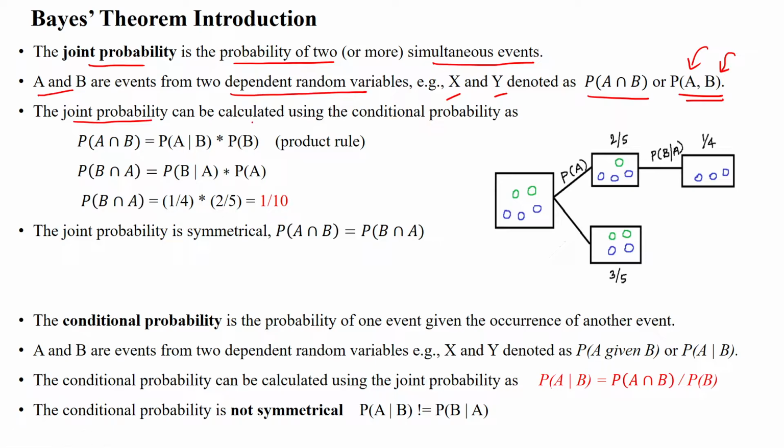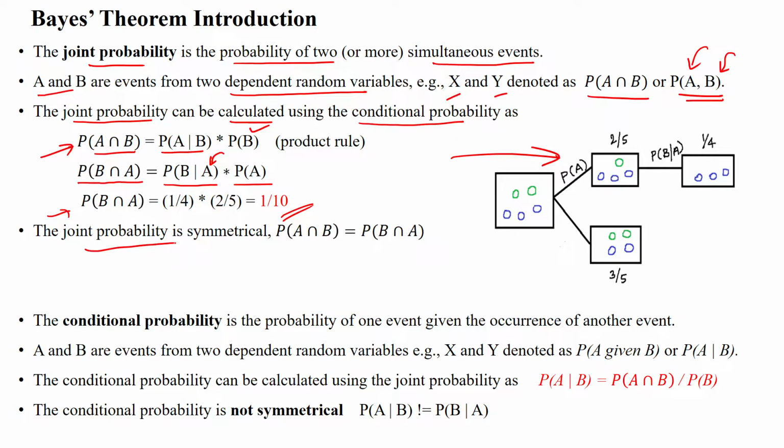The joint probability can be calculated by using the conditional probability. The conditional probability is given already: probability of A given B can be used. Probability of A intersection B equals probability of A given B multiplied by probability of B. The probability of B intersection A can be calculated by using probability of B given A, the conditional probability, multiplied by probability of A. When substituting the values for probability of B intersection A, we get 1 by 10.